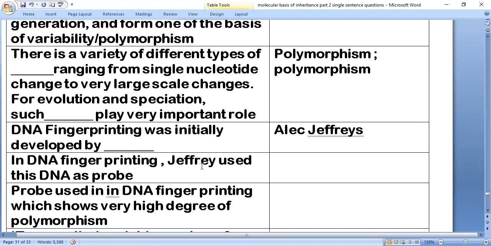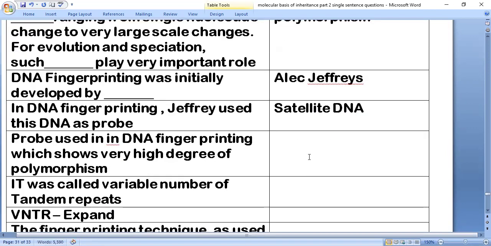In DNA fingerprinting, Jeffreys used satellite DNA as a probe. The probe used in DNA fingerprinting shows a very high degree of polymorphism, that is satellite DNA.